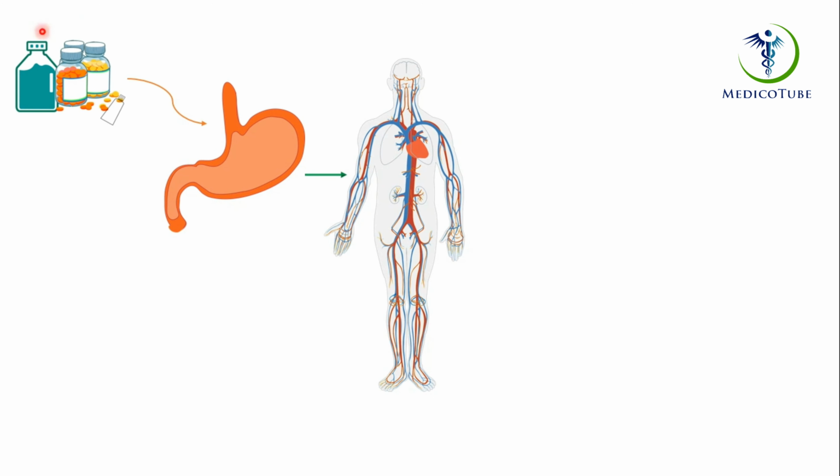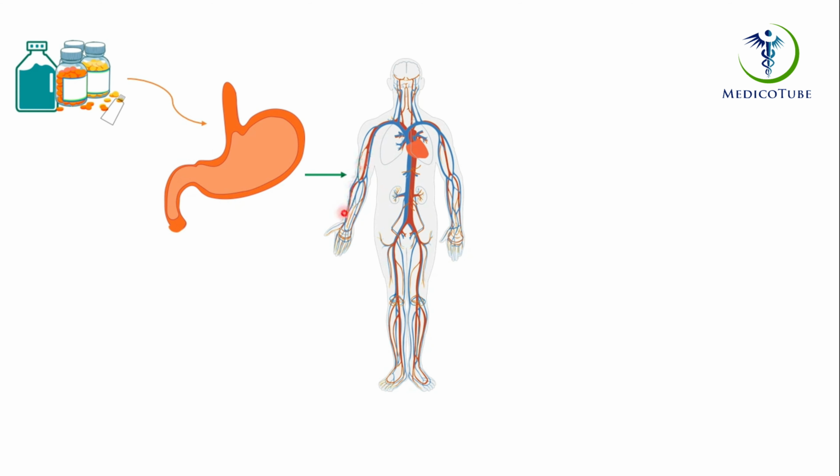This first phase is called the absorption of the drug. When it is absorbed from the stomach, it comes into the bloodstream. This phase was absorption, and now the second phase of pharmacokinetics is distribution.